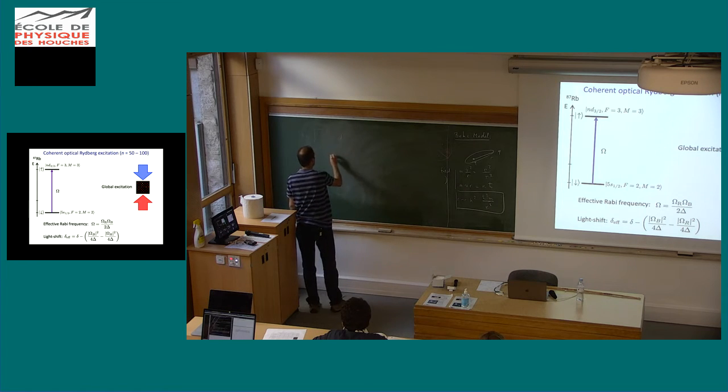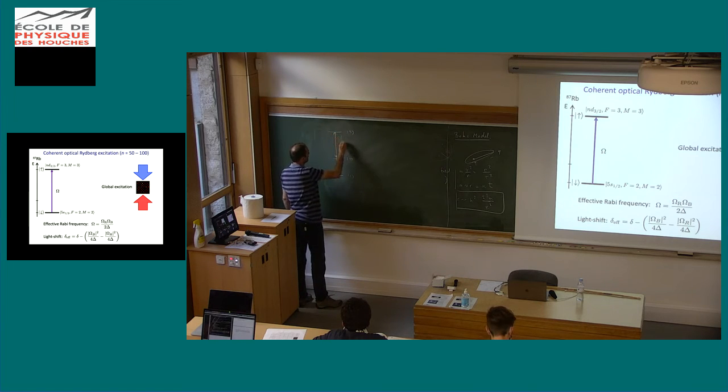But the basic idea, once again, is you've got three states, 1, 2, 3. You couple, but off resonantly. You've got Rabi frequencies, let's call them omega 2,3 and omega 1,2. This is detuned by an amount which is delta.